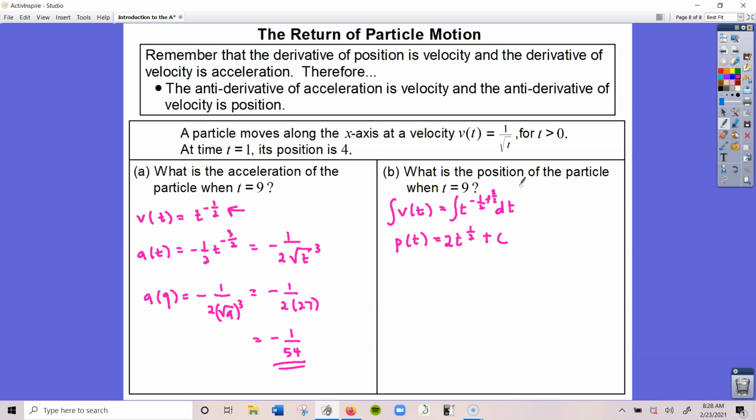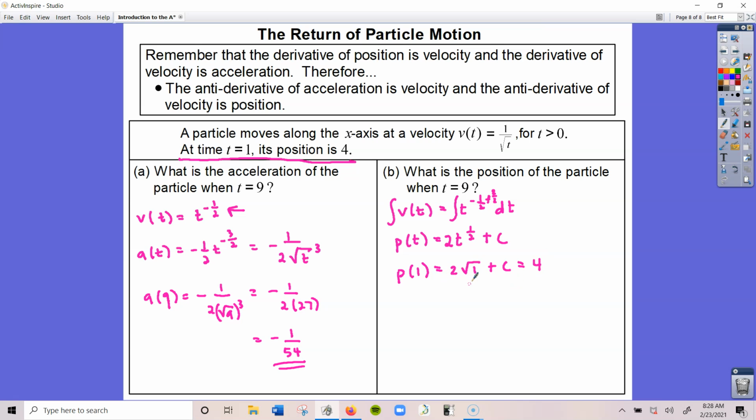I can't find the position of the particle when t is equal to 9 yet because I don't know c. But here in the problem, it tells me that at time t is equal to 1, its position is 4. So that means that I can find p of 1, which is 2 times the square root of 1 plus c, and it's going to equal 4.